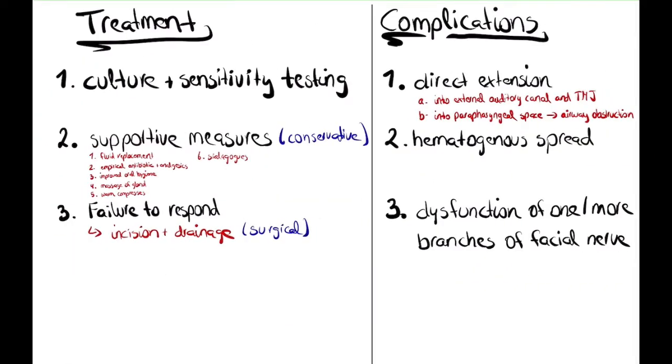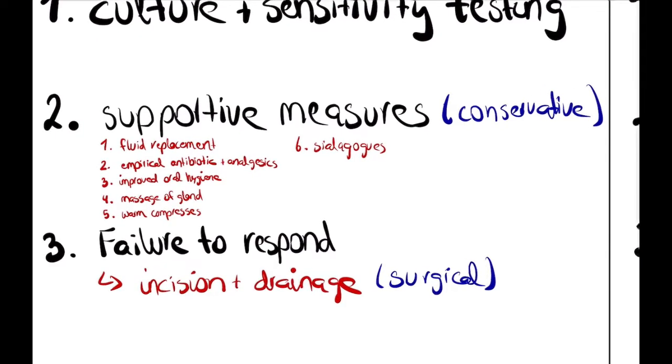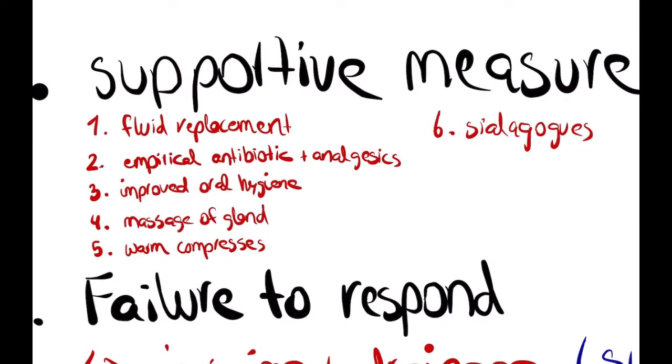Then the treatment. We do culture and sensitivity testing. The second step is supportive measures, which is conservative: you give fluid replacement, empirical antibiotics, and analgesics. The patient has to improve oral hygiene.